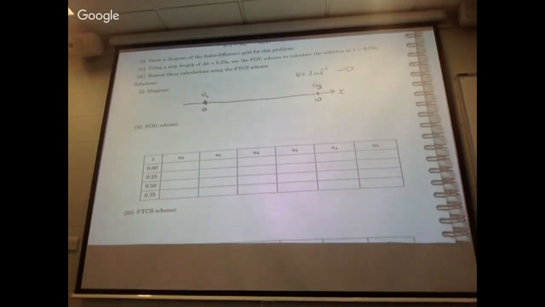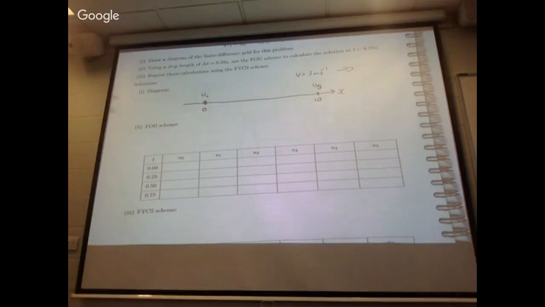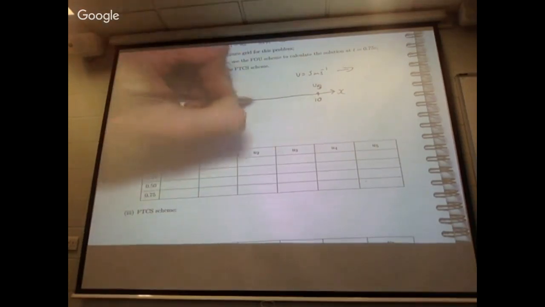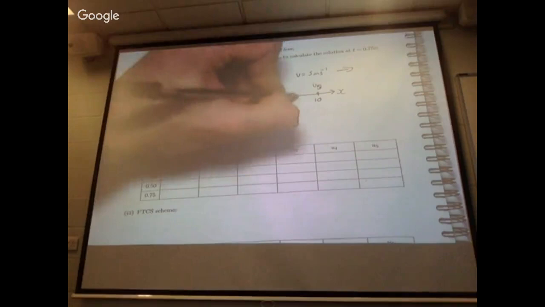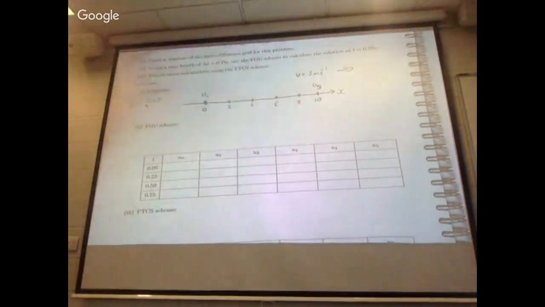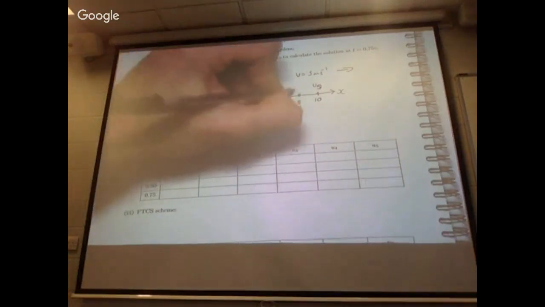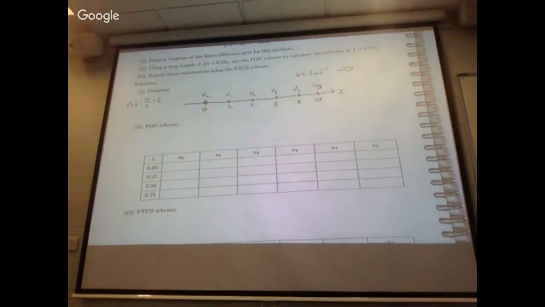And so with 5 intervals, our spatial step is going to be 2 metres, 10 divided by 5. Okay, so we're going to have 2, 4, 6, 8, and that's going to be U1, U2, U3, and U4.